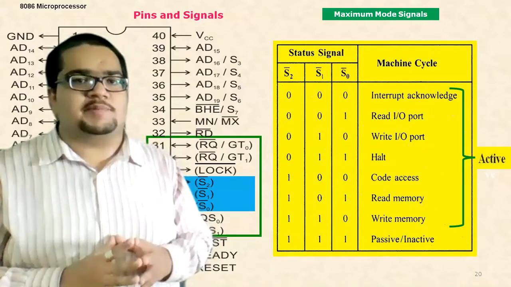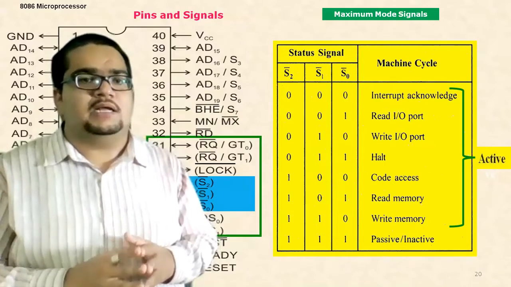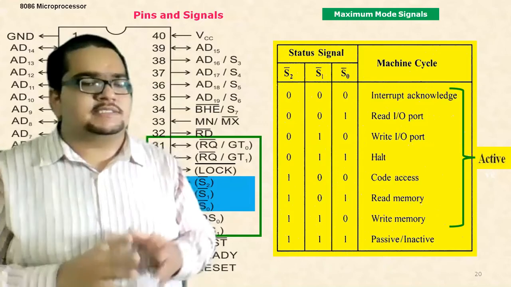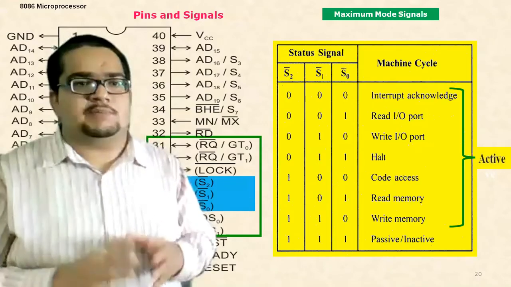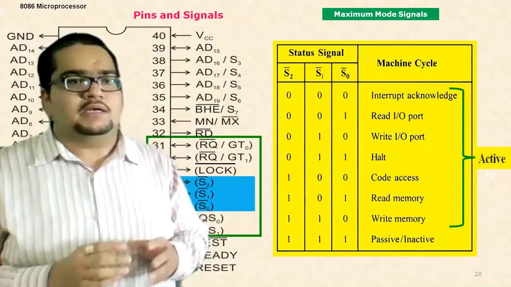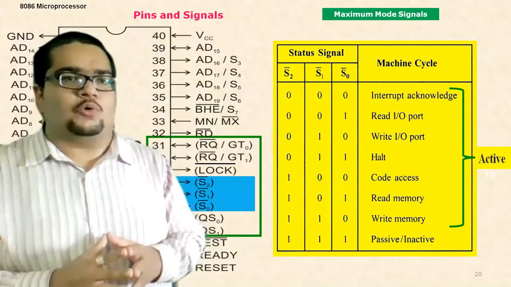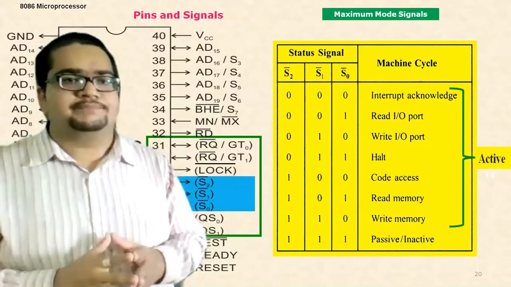So code access of the memory is indicated by the processor to the bus master, that 100 on the status lines is a code access, and seeing that, the bus master will give access of the system bus according to the asked condition that it wants to access the code, the program.